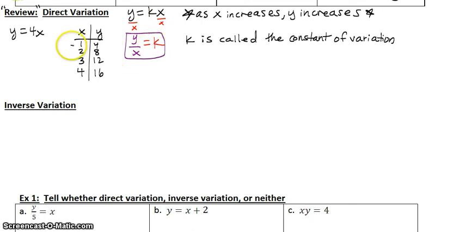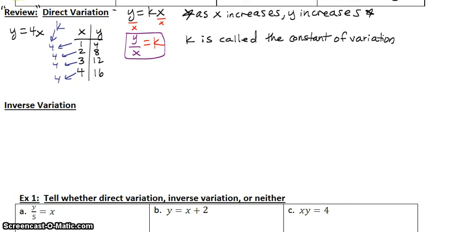Let me show you what I mean. y divided by x: 4 divided by 1 is 4. 8 divided by 2 is 4. 12 divided by 3. 16 divided by 4. If something is direct variation, every single time you look at the x's and y's, I should be able to do y divided by x and get the same number each time. So in this case, my k value is 4.